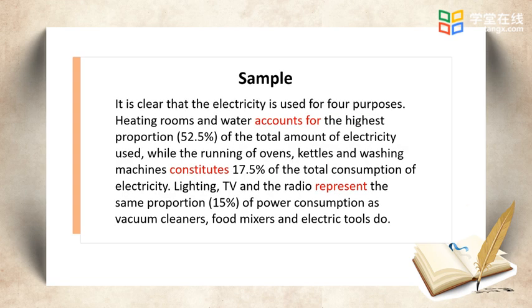Here is a sample for your reference. It is clear that the electricity is used for 4 reasons. Heating rooms and water accounts for the highest proportion, 52.5% of the total amount of electricity used, while the running of ovens, kettles, and washing machines constitutes 17.5% of the total consumption of electricity.